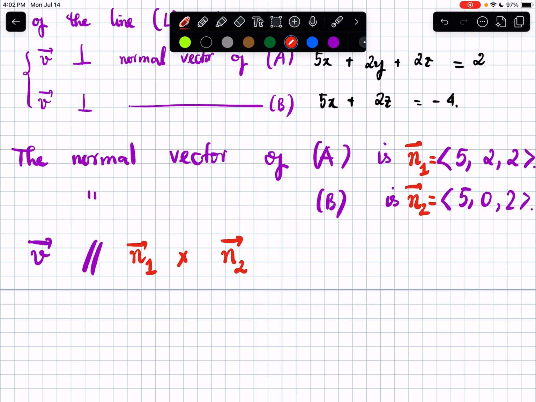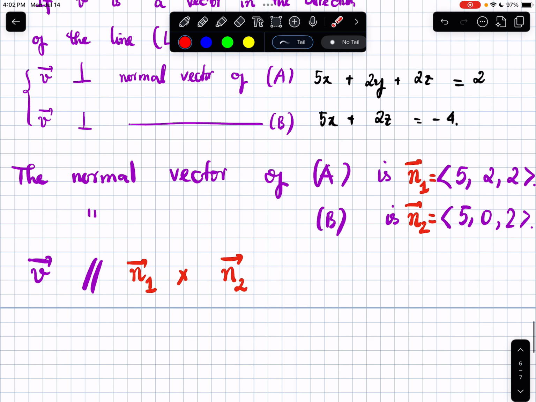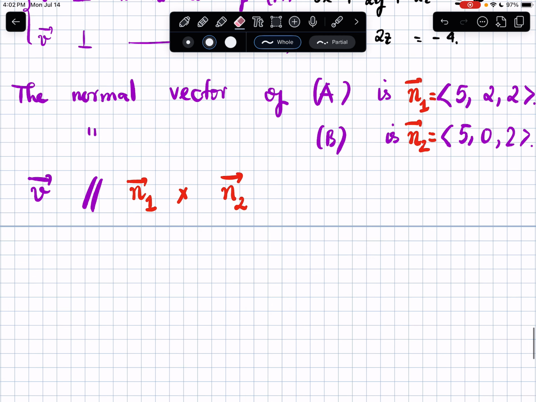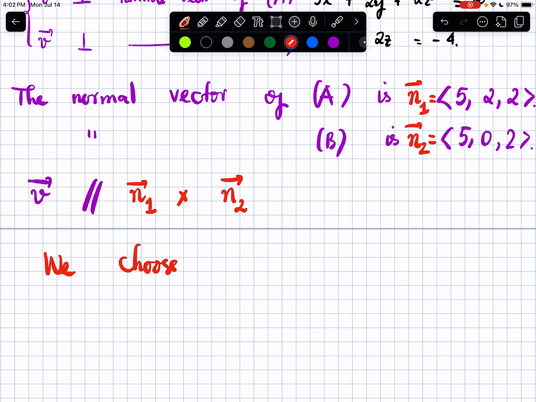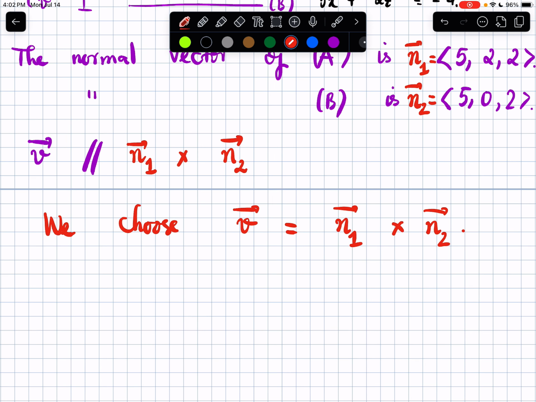As V is just a vector direction of the line, we can choose V equal to N1 cross N2, because the direction of the line is the same direction as its cross product.